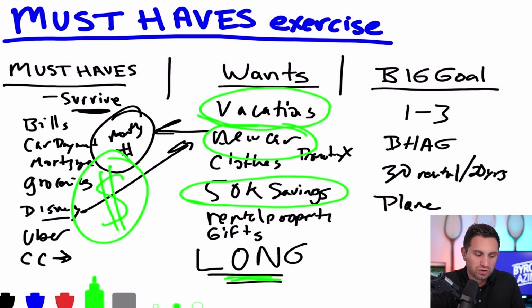So you're going to go ahead and circle all the things you want in the next 12 months. You're going to leave those other things on the list because that's going to be applicable when you start to work on your 3-year plan. But right now, we're just circling the things for the 1-year plan, the things you're going to do in the next year, the things that now have become a want are going to become a must have for you.